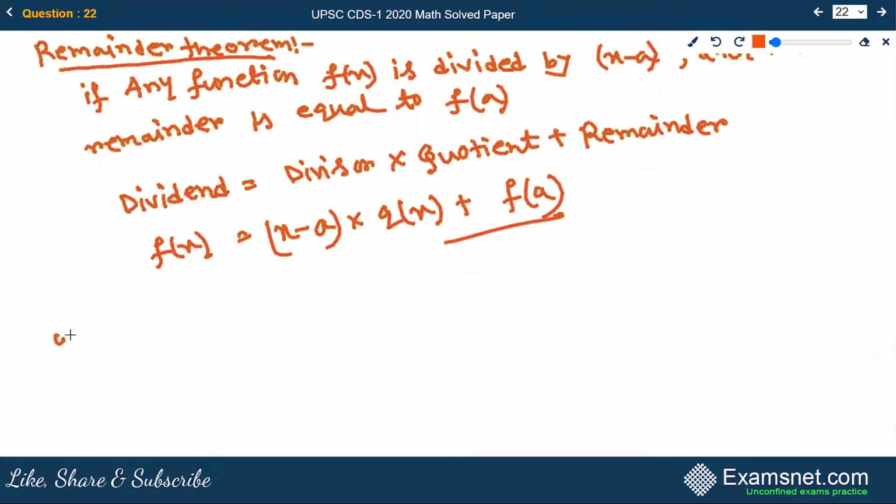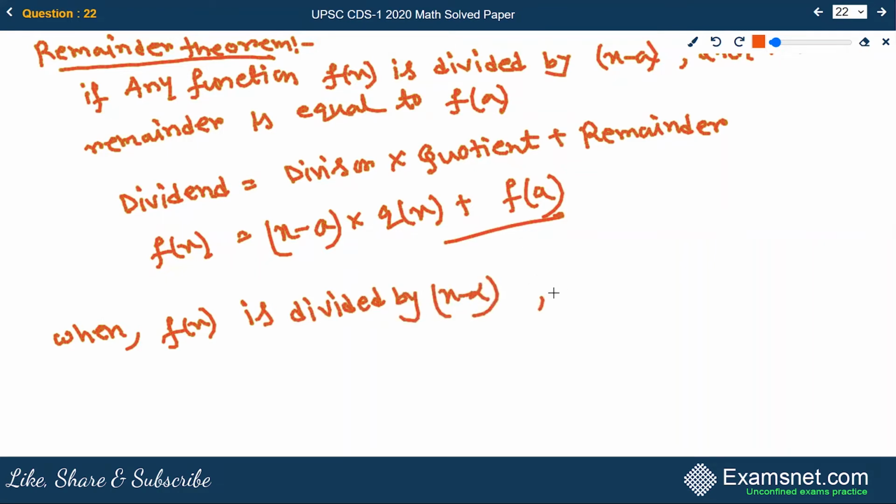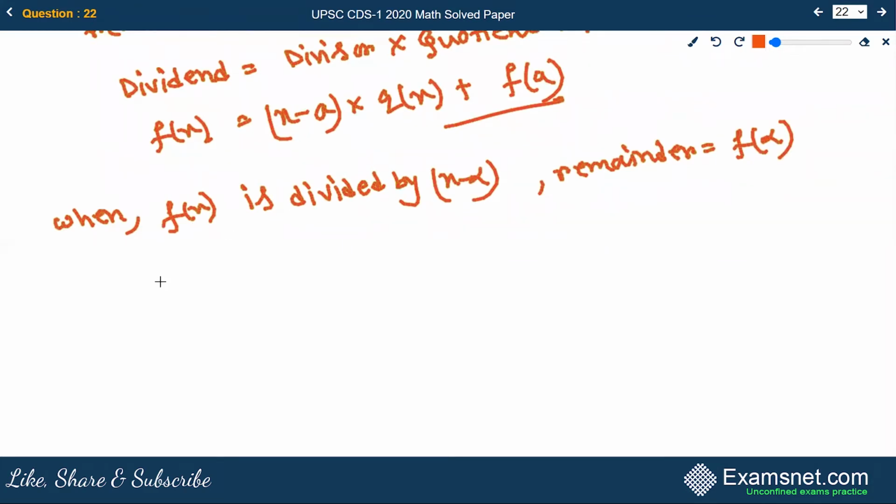Now, according to the question, when f of x is divided by x minus alpha, the remainder will be f of alpha, right? So according to the division algorithm, we can write f of x equals x minus alpha, let's say q1 of x, that is the division quotient, plus f of alpha.